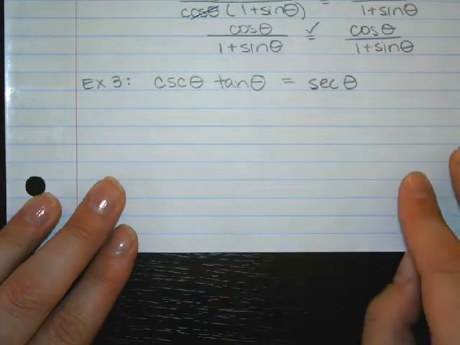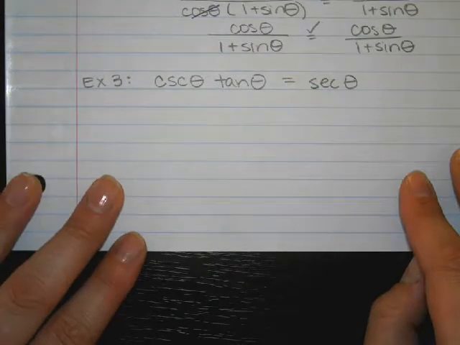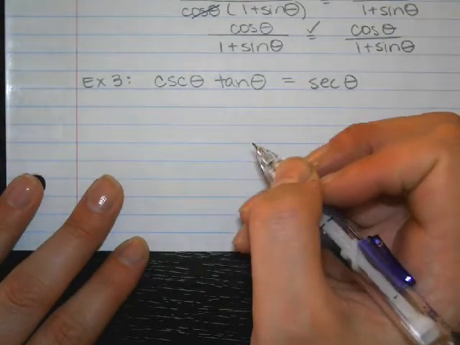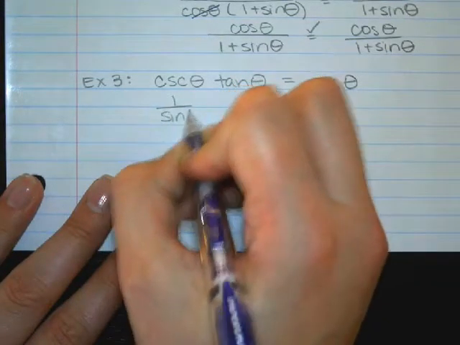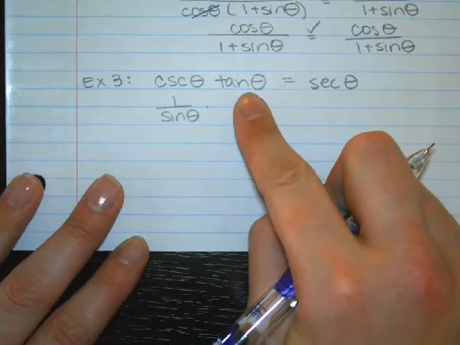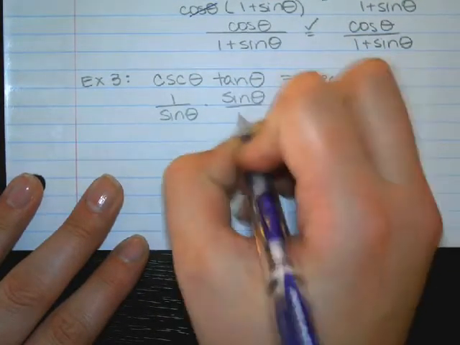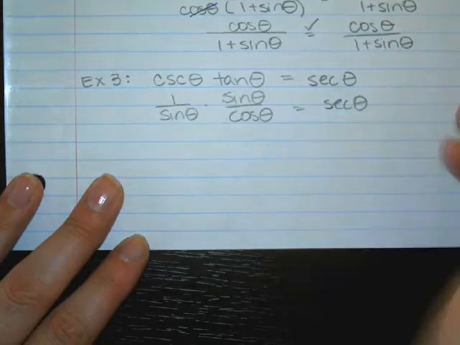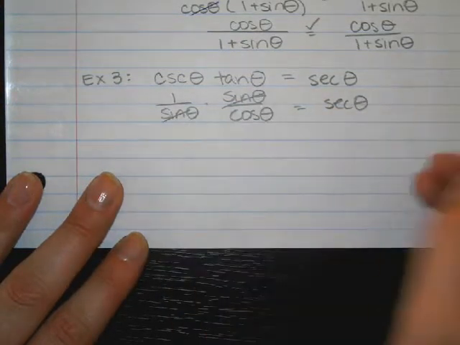So what should we do with the left side to fix it? Substitute. So 1 over sine times sine over cos. And I have to leave secant theta just like that. Sines cancel.